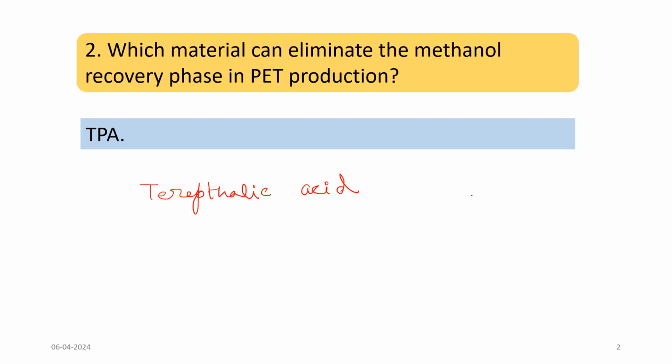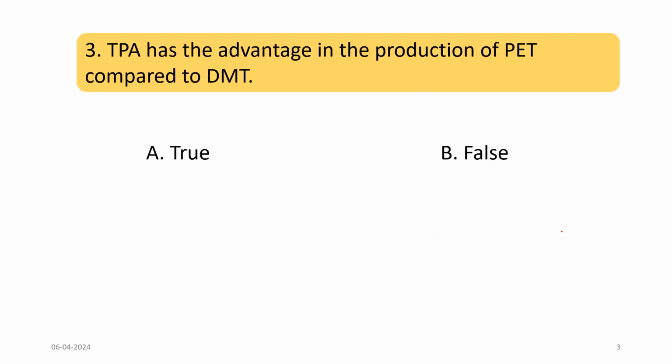So it is also one of the monomers of PET. Okay, so TPA can eliminate the methanol recovery phase in PET production. Next: TPA has the advantage in the production of PET compared to DMT. Is it true or false?